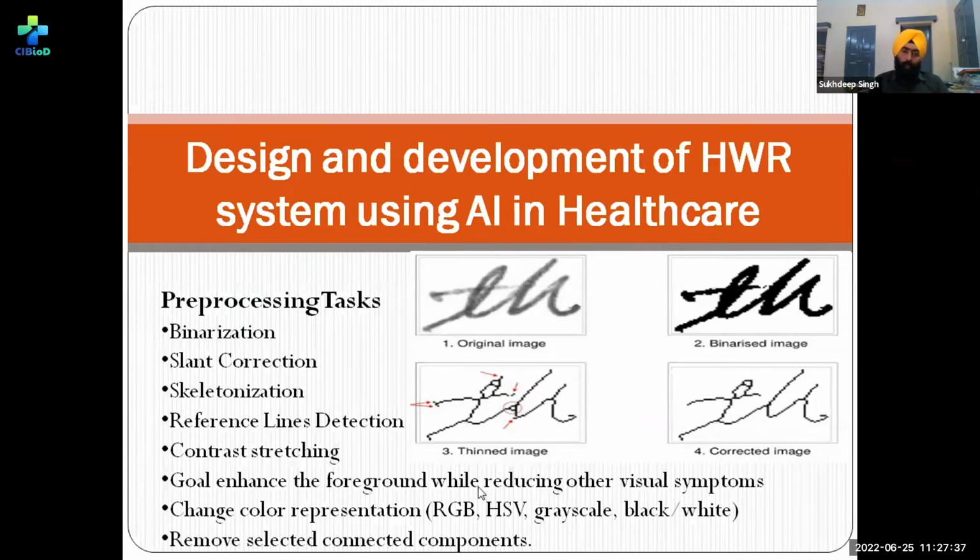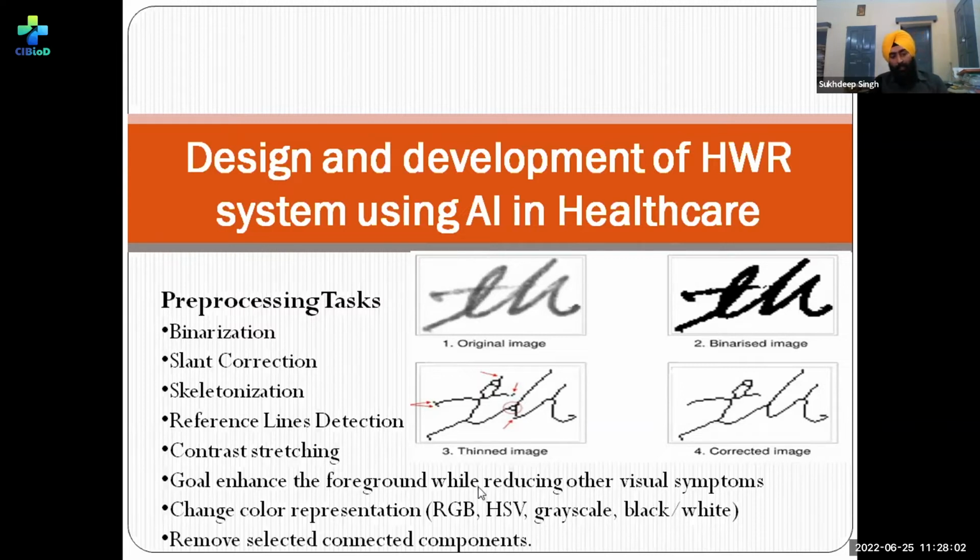Binarization means we are converting our original image to a binarized image, where there will be only a black and white image, and all the image data will be converted to 0, 1. There can be slant correction if our image is left skewed or right skewed.